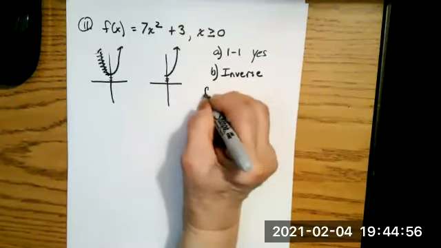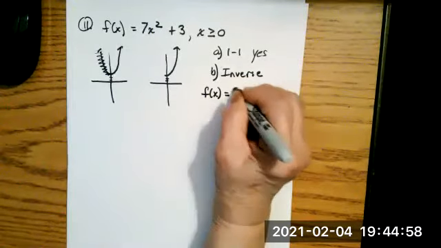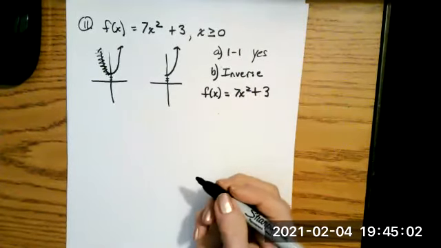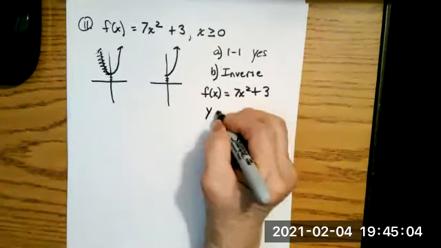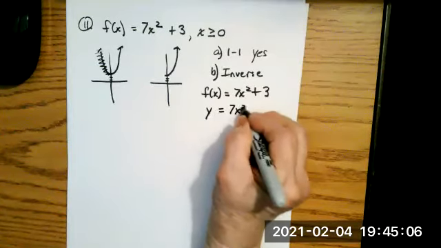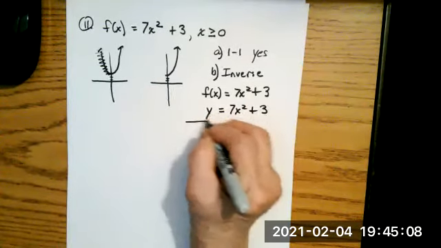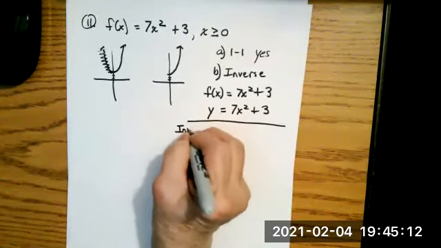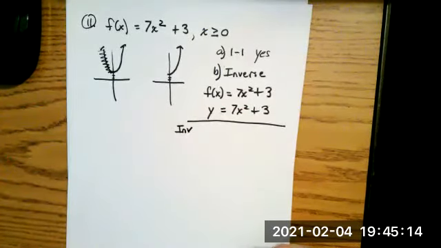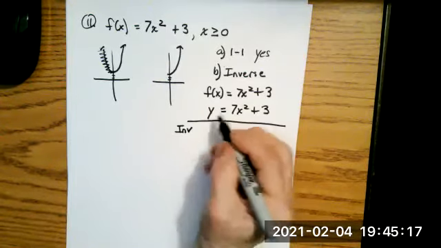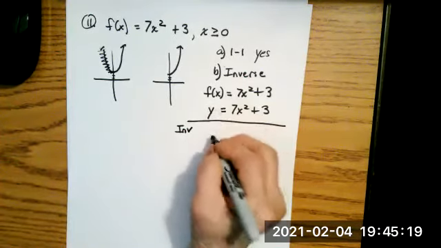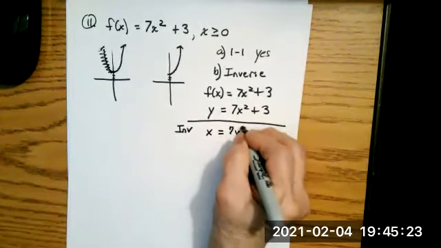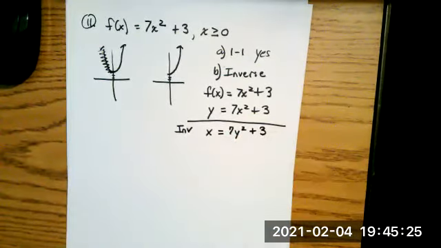I'm going to say f of x equals 7x squared plus 3. I'm changing my f of x to y. Y equals 7x squared plus 3. I like to draw a line between my original problem and my new inverse because those are not equal. Now I'm going to swap my x's and y's. So it'll say x equals 7y squared plus 3.